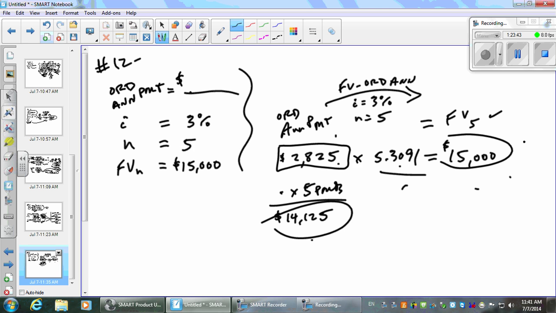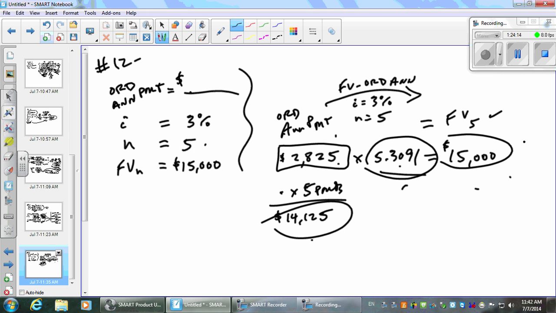I took 5 times 2,825. Remember, it's an annuity, right? That means every period you make a payment. We just calculated how much the payment is. It's 2,825, and it's every period, no period skipped, so it's 5 periods. That's 5 payments. So when I valued this, this factor of 5.3091 is what $1 deposited at the end of each period for 5 periods grows to.